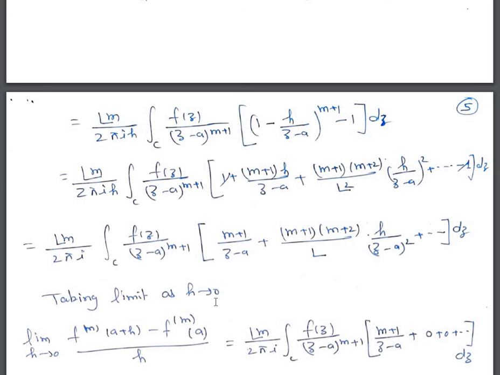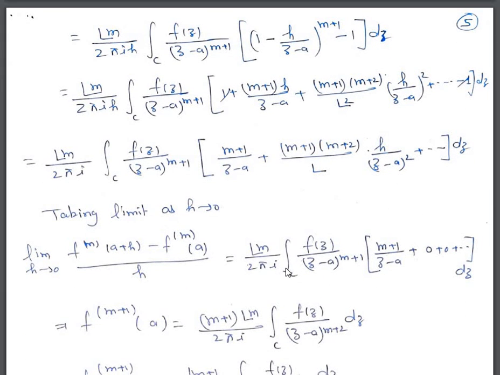Now when we take the limit h tending to 0, this term becomes 0 and all other remaining terms become 0. So we have factorial m upon 2 pi i integral over C f(z) upon (z minus a) to the power m plus 1 multiplied by (m plus 1) upon (z minus a).